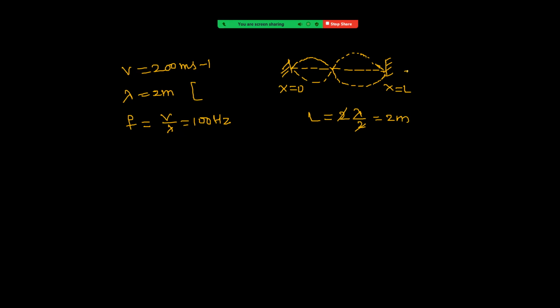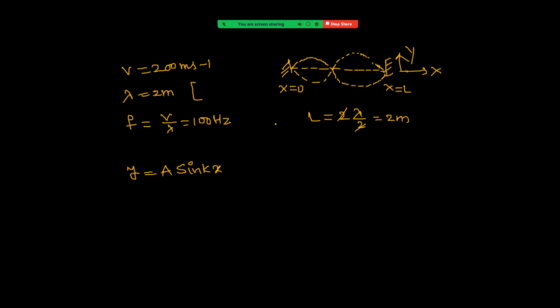Now he's asking us to write the equation for displacement. This is x and oscillations are along the y-axis. So see carefully what we have to write. Since x equal to 0 is fixed, we have to write y equal to amplitude times sin kx, this is fixed. Coming to the remaining one, omega t: is it cos omega t or sin omega t?